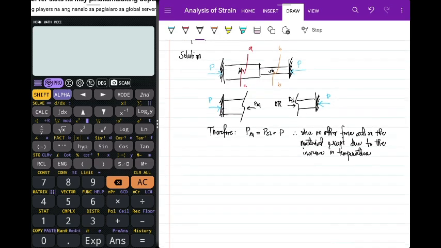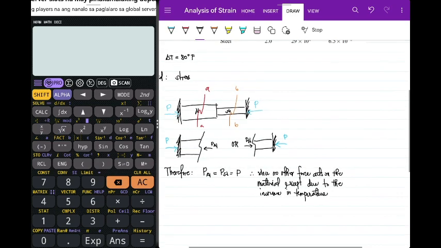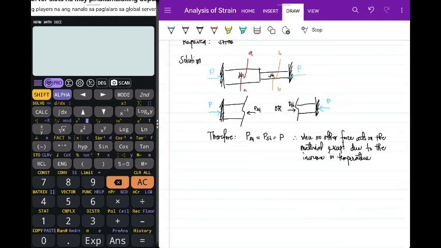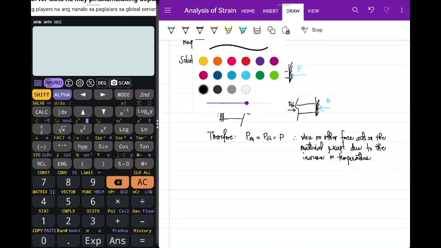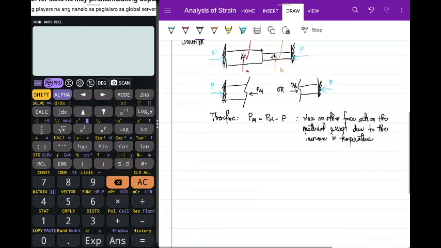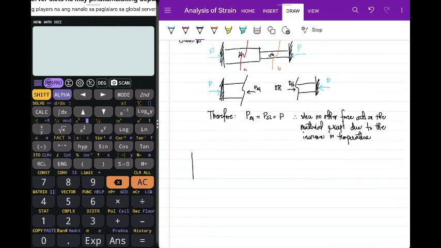If we put that into an equation, P sub AL, or the force in our aluminum, is equal to the force in our steel, which is equal to P, which is unknown, since no other force acts on the material except due to the increase in temperature.